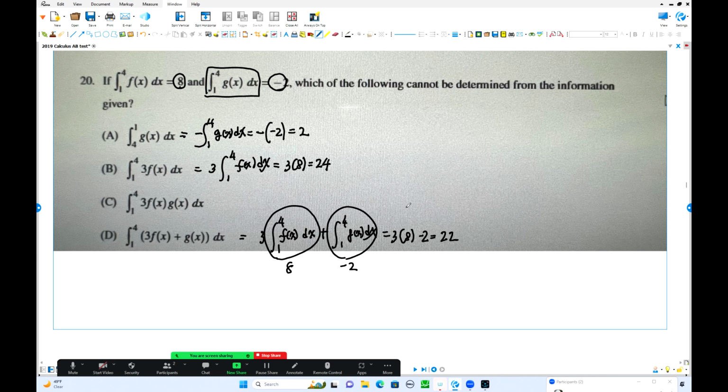But what about the second one, the integral from 1 to 4 of f of x times g of x? When you multiply these two, is this working? The product doesn't work every time. That's not the formula, right? You know what I mean?